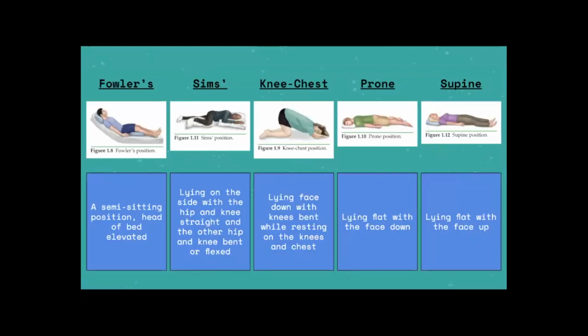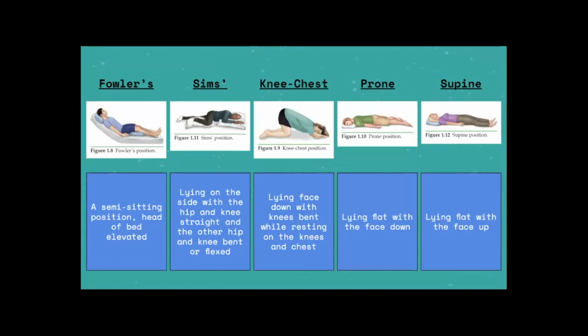We have a lot of positions in medicine, but these are the 5 that I learned and I wanted to pass on to you guys. So we have the Fowler's position, the Sims position, the knee to chest position, prone position, and supine position. So I don't know if you guys can properly see these images, but the Fowler's position is a semi-sitting position and the head of the bed is elevated.